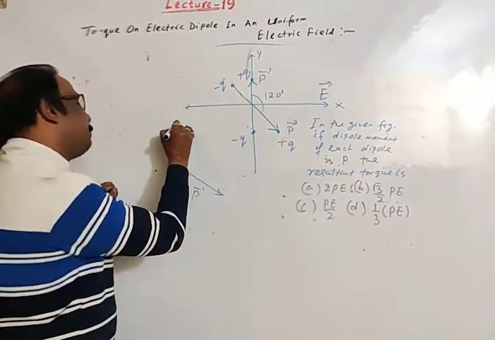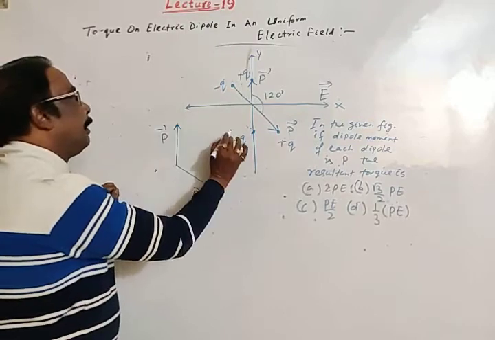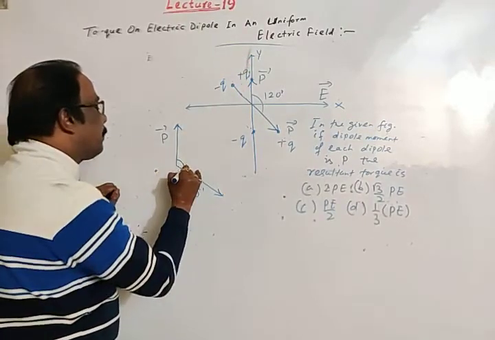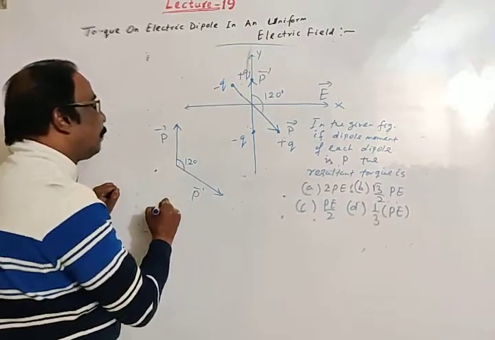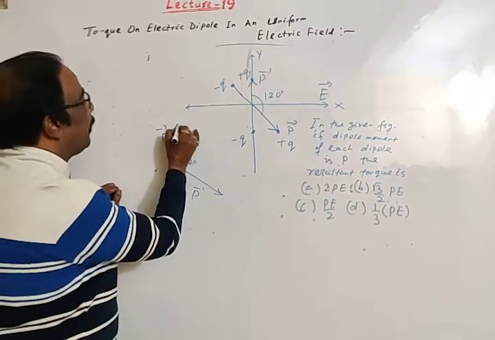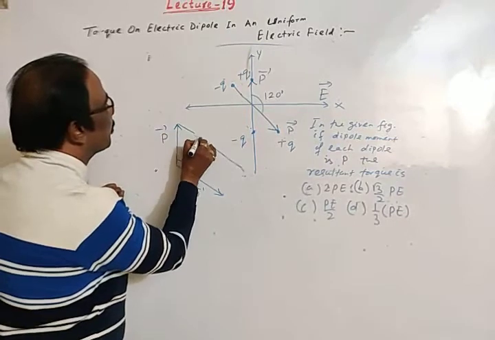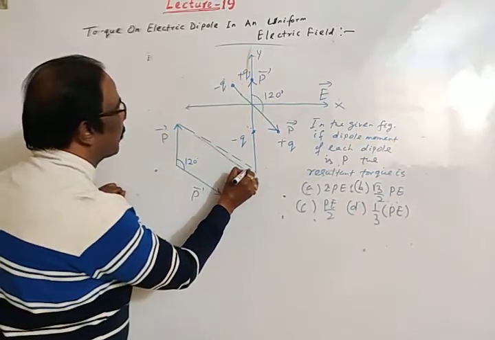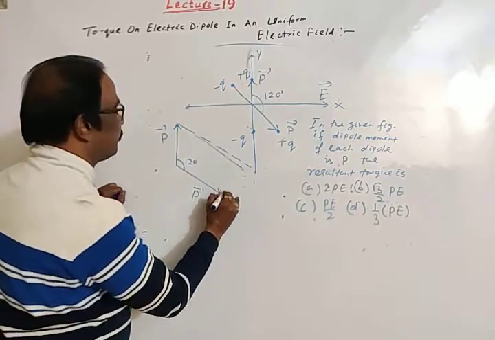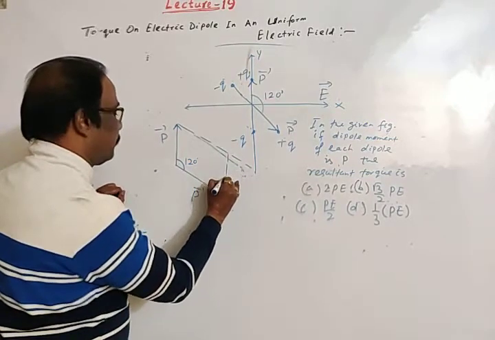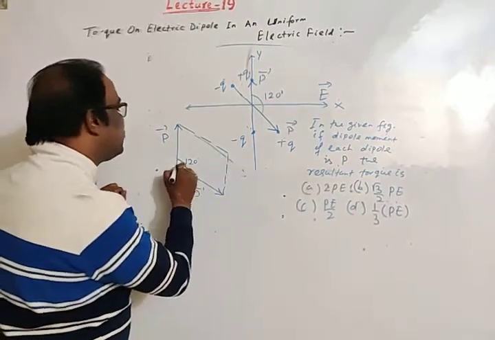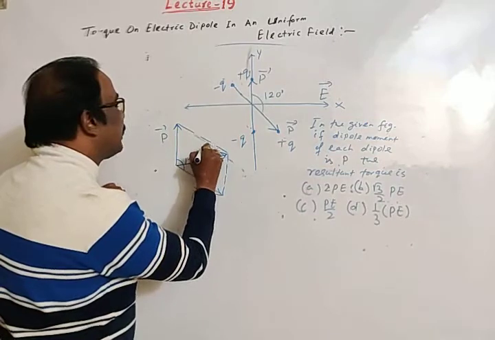This is also dipole moment P along the positive y-axis. So the angle between them is 120 degree. Then this is the resulting dipole moment. Let's take it as PR.